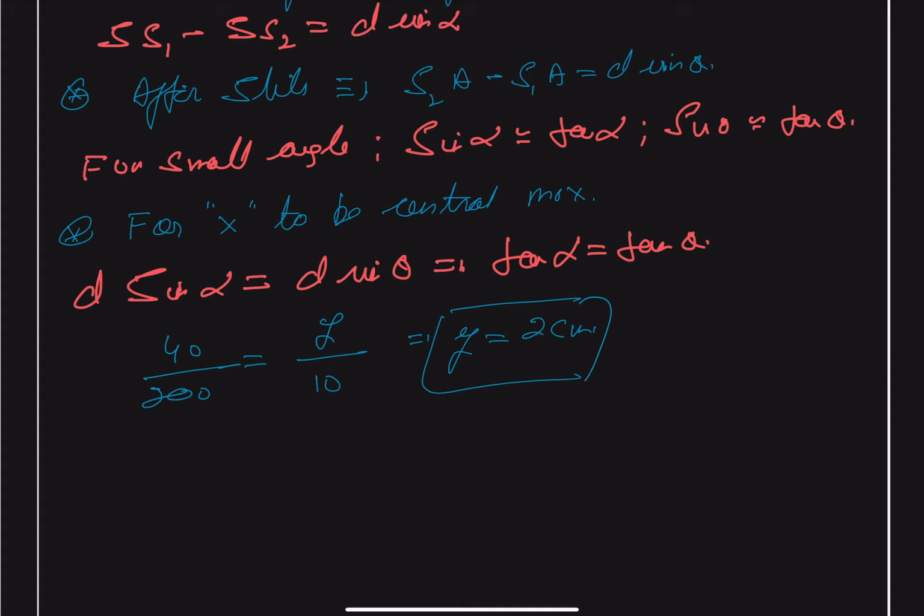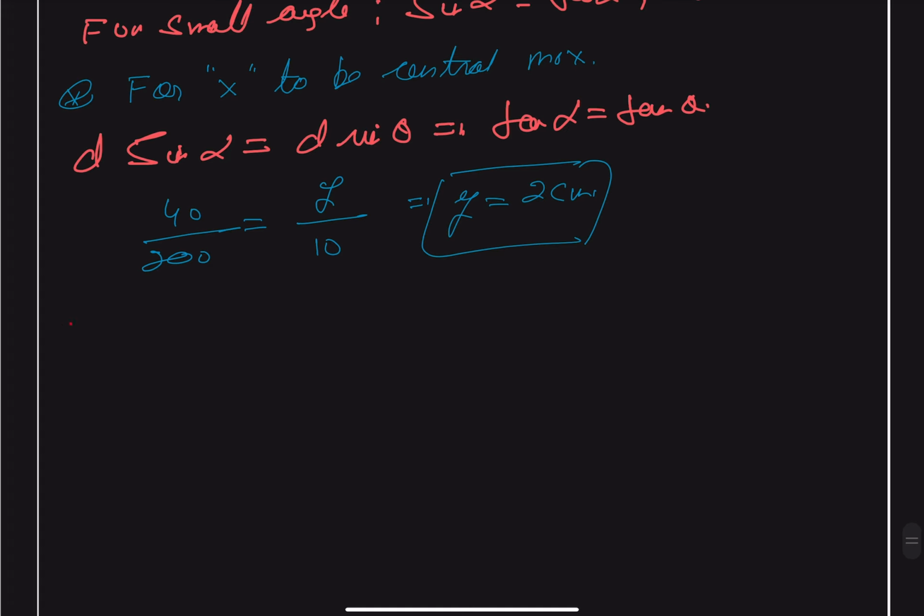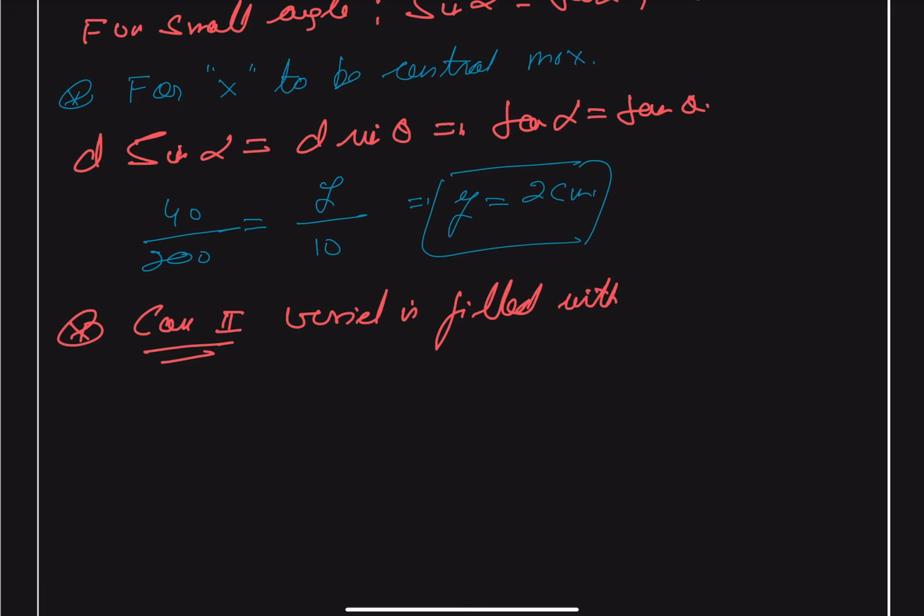Now we come to the second part where the vessel is filled with liquid, and that will be resulting in the path difference. Case 2, vessel is filled with liquid.